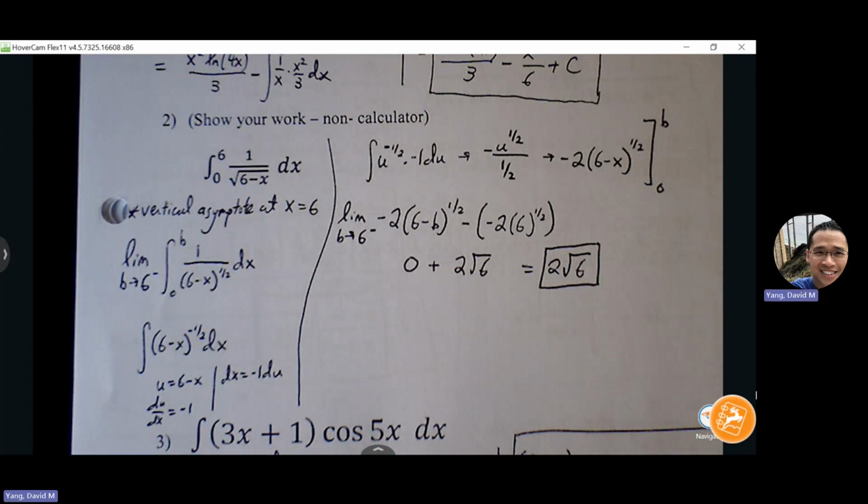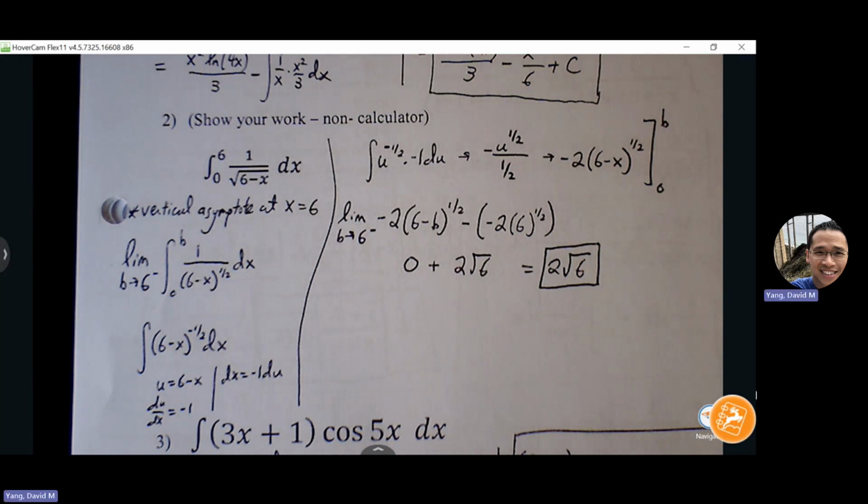Okay, number 3, we have an option here. We could do what or what? Yeah, we could do tab method, or we could do the IBP. Whenever I see something where I can do tab method, I prefer it, even though this is not a nested one.